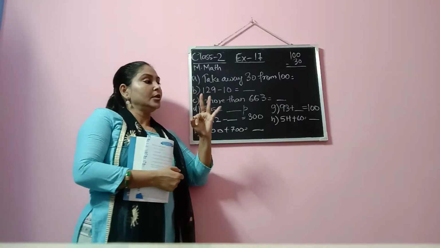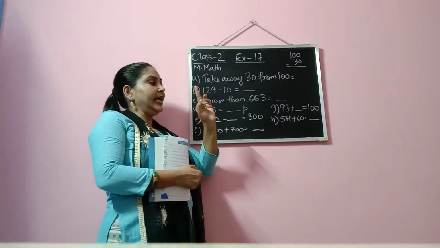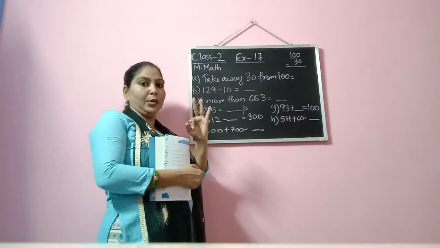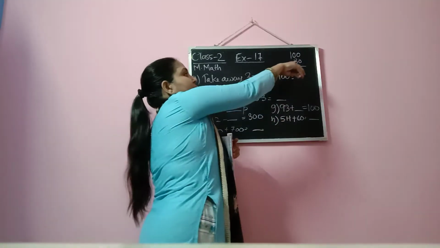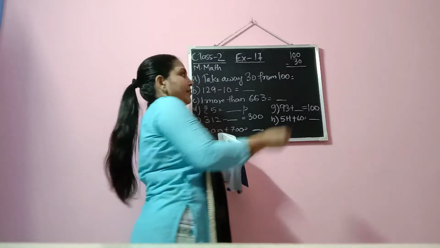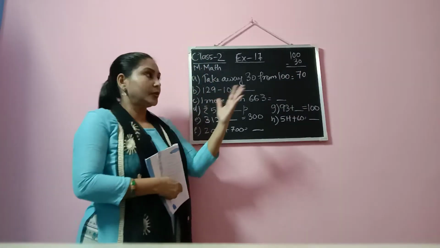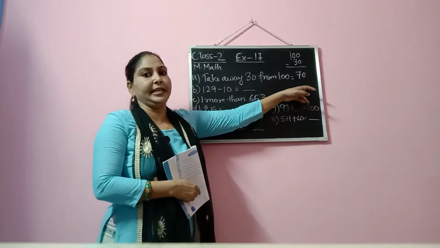We leave 100, then 90, 80 and 70. That means 3 tens we are counting backward. So we are getting 70. So when you subtract 30 from 100 we get 70.